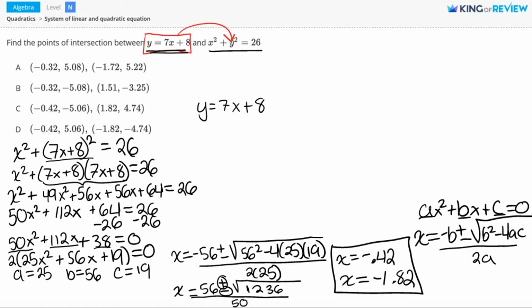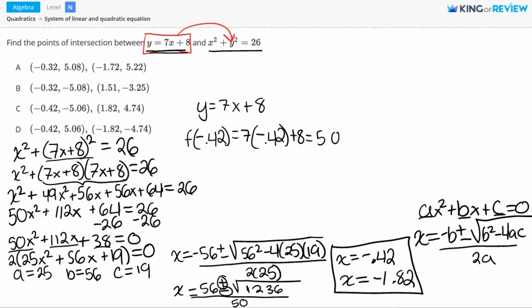When I plug in the first value for x, I have f of negative 0.42 equals 7 times negative 0.42 plus 8, and this equals 5.06. So I have a point of intersection at negative 0.42, 5.06. This is our first point of intersection.